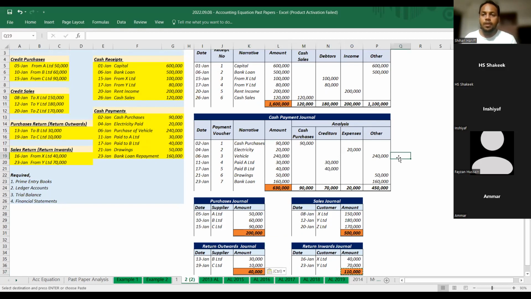Okay, so in the process, once you identify the transactions, we record the transactions in the prime entry books. So this is the basic format for the initial prime entry books. Initial 5: cash receipt and payment, purchases, sales, return inward, return outward. And there are 2 more prime entry books. I will do that later. The petty cash book and the general journal.